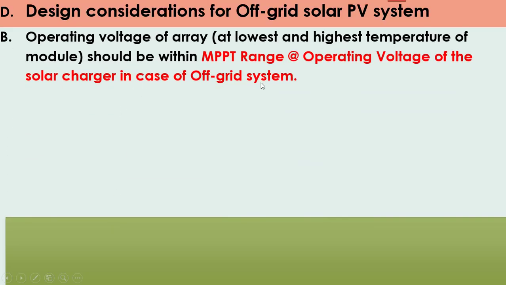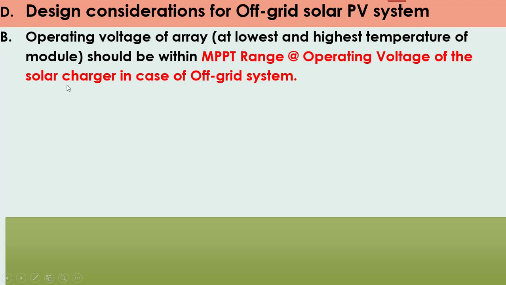So the second case, in the case of an off-grid system, the operating voltage of the array at the lowest and the highest temperature of the series modules that we connected as a string should be within the maximum power point tracking range and operating voltage of the solar charger.